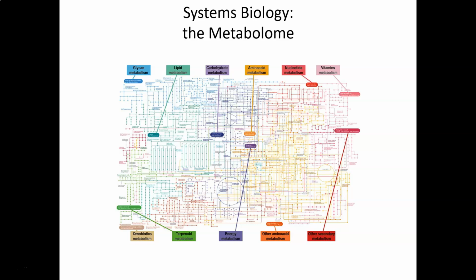There's also the metabolome. So rather than studying individual facets or pathways of metabolism, systems biologists who are studying the metabolome, who are engaged in metabolomics, are studying human metabolism as a whole. This image that you're looking at, this kind of circuit board looking network diagram, is actually the sum total of eukaryotic metabolism represented in one schematic.